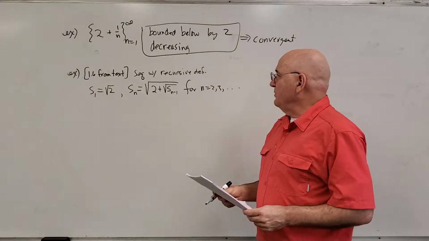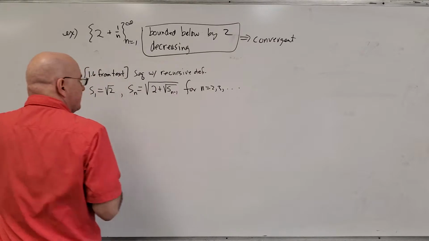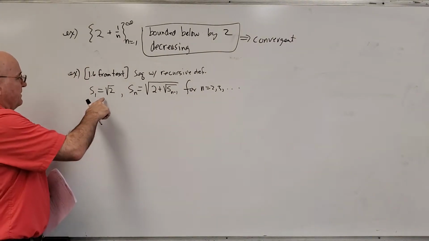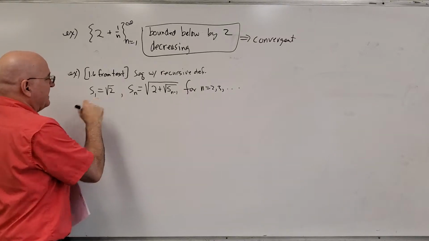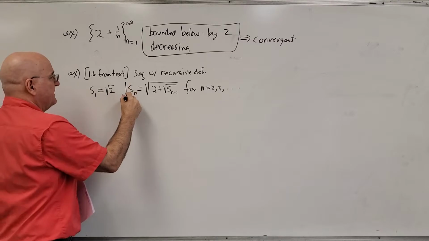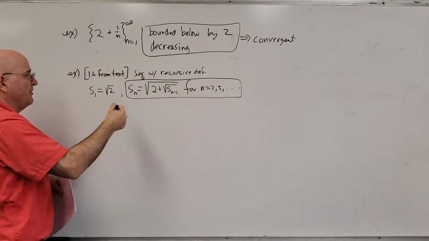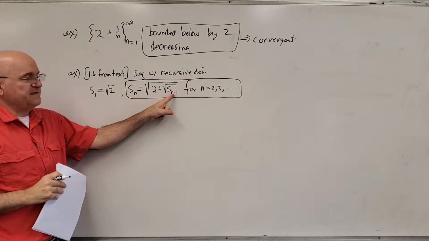The next example, coming from the text, is a recursive definition. I thought this would be worth mentioning. I'm not going to go through all of the algebra required. The first element of the sequence is radical 2. The rest of them are defined like this. We needed to define S1 in order to get S2 because Sn depends upon Sn minus 1.